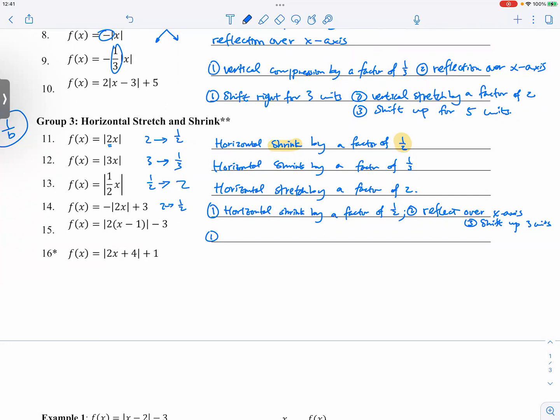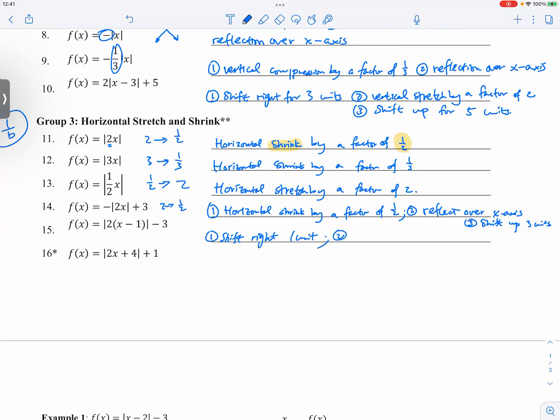You start from the closest to the x. So you have a little parentheses right here. That tells you that's the first thing that you take care of. So x minus 1 means we shift to the right for 1 unit.